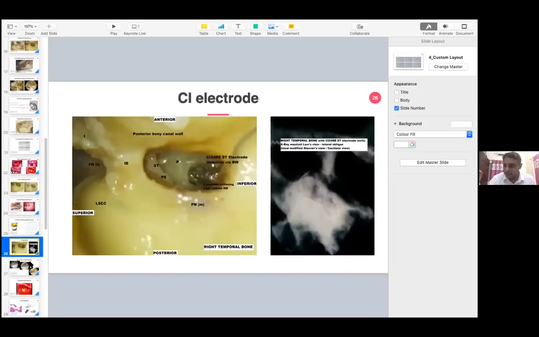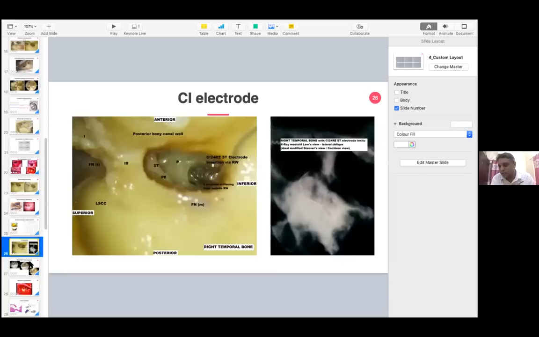So of all the three situations, scala vestibuli, media, and scala tympani, the auditory nerve fibers are close to scala tympani. So we are going to introduce the electrode in the scala tympani so that it will be nearer to the end auditory nerve fibers.